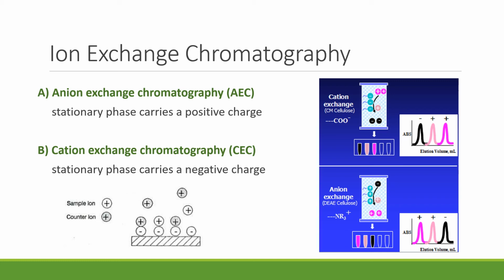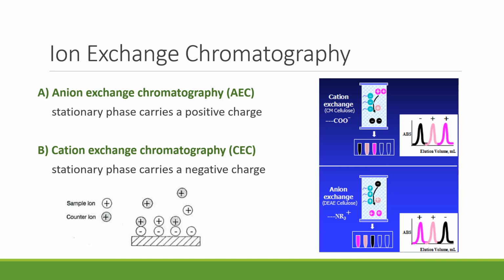And so molecules at their isoelectric point in the mobile phase or that have a positive charge pass through first and have little affinity for that stationary phase. And molecules with a negative charge exchange their anions with the stationary phase. And that affinity for the stationary phase depends on the net negative charge of the molecule.